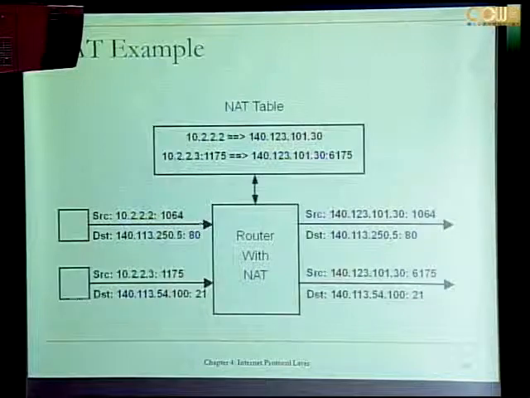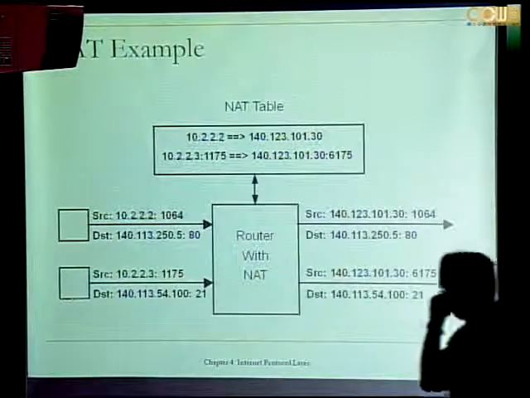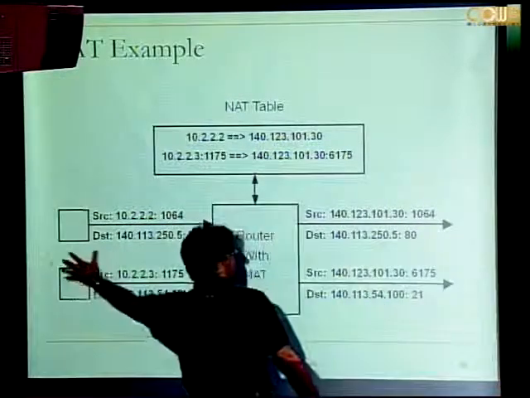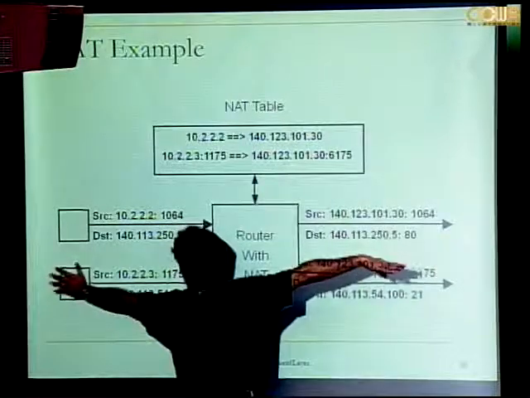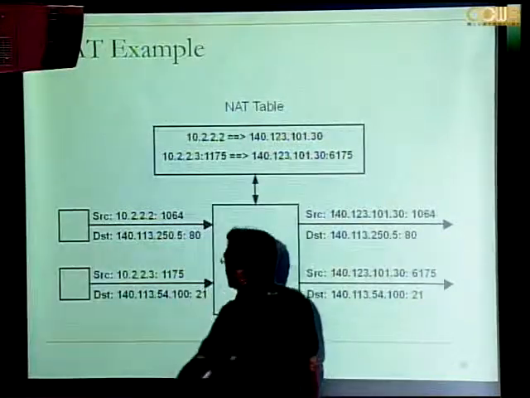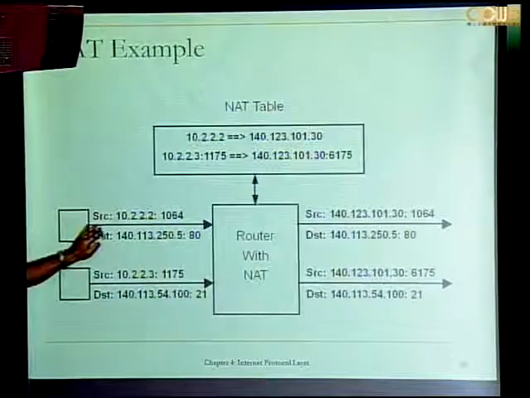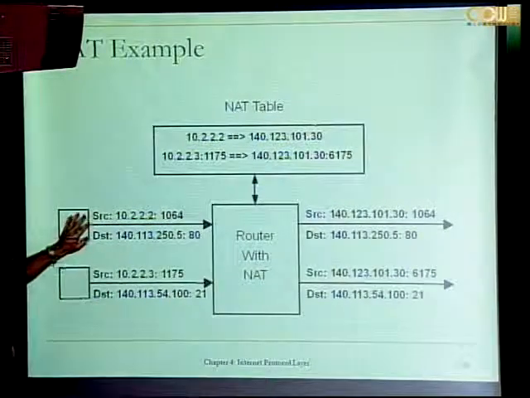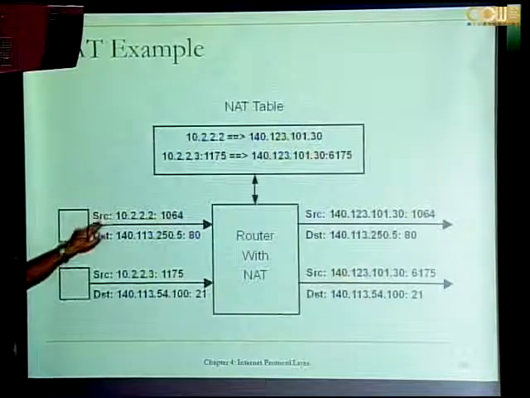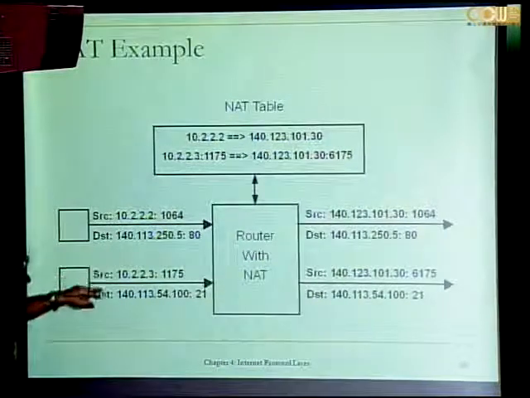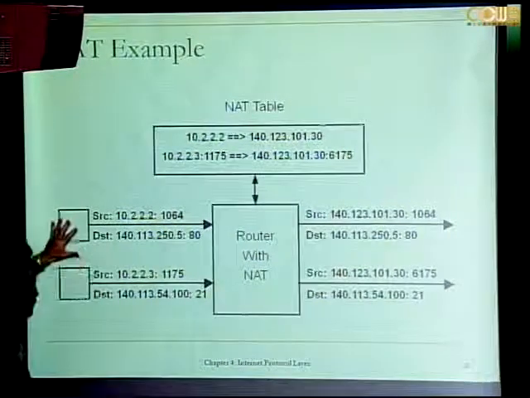And here's an example of NAT, with the intranet inside and the internet here. Here are 2 hosts, sending a packet with the source of this and destination of this, source of this and destination of this.